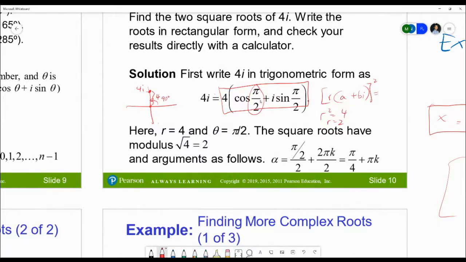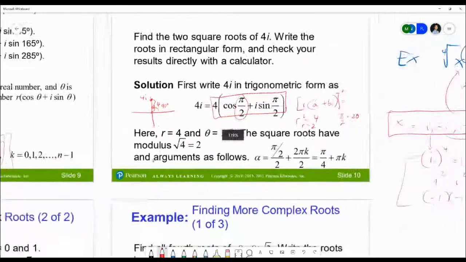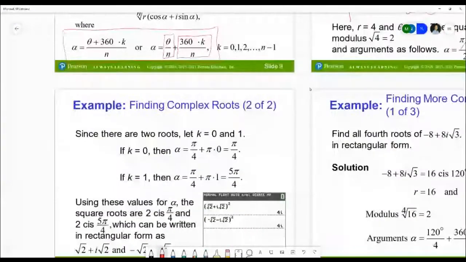And then for the angle, we know the angle's pi over 2. We have to multiply 2 times our theta, which is going to equal pi over 2. So our first angle is pi over 4.